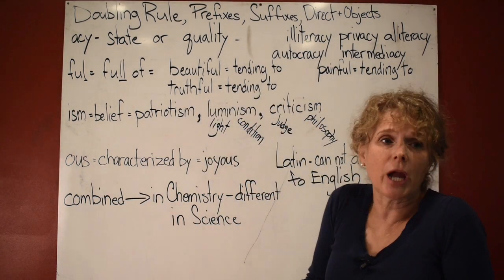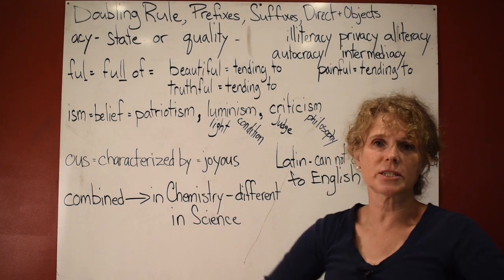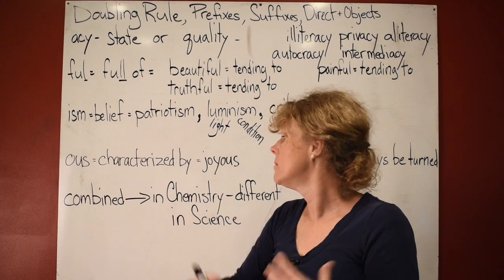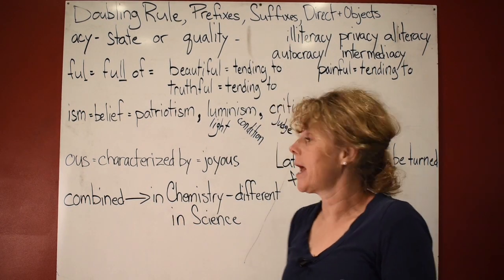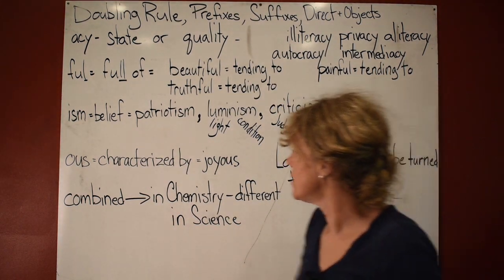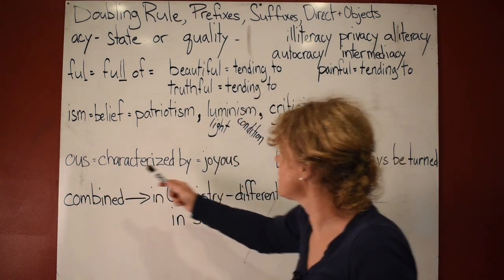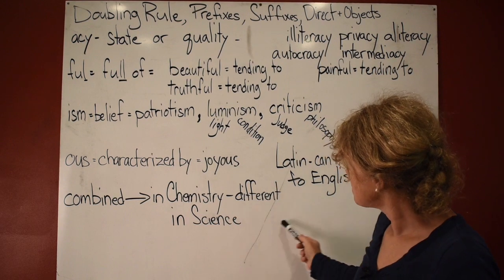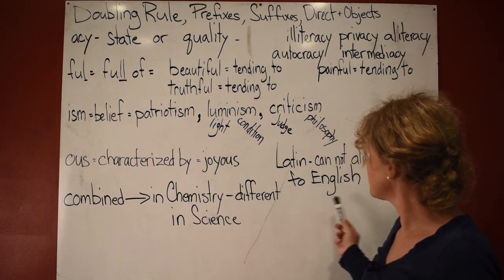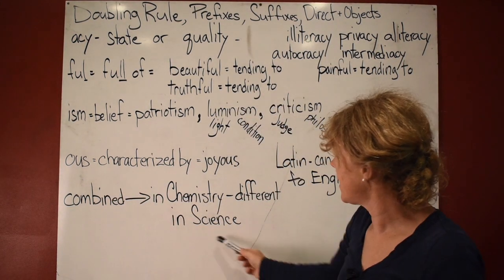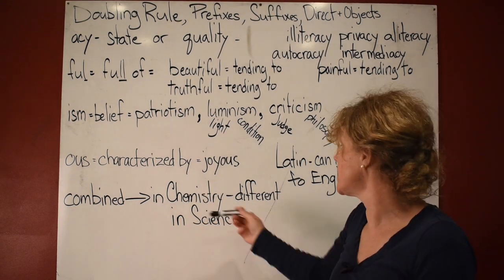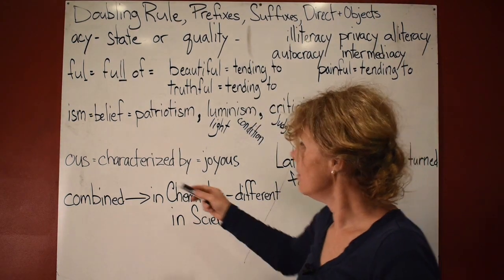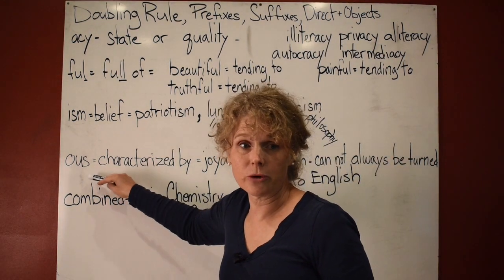It can't always be changed. And so we have to just say, well, we're going to change it to this, and then we as people learn it and memorize it and decide what we're going to do with it. So sometimes we combine things, and in chemistry, things are different with the OUS than in regular science. It could be a little bit different. So be careful when you're doing ous.